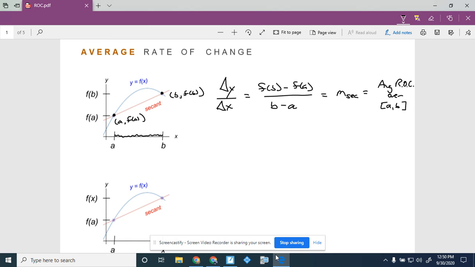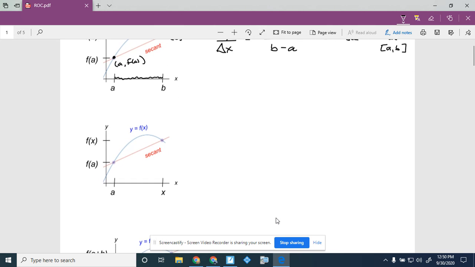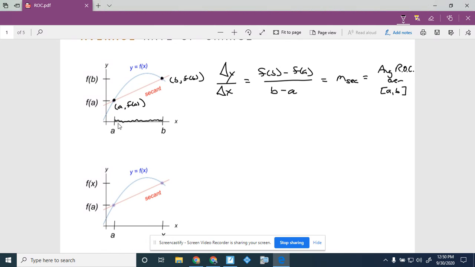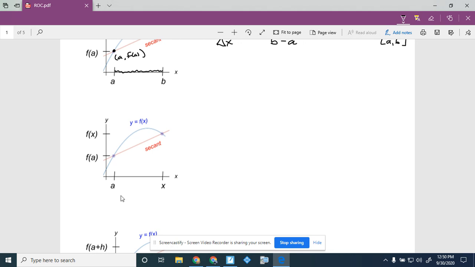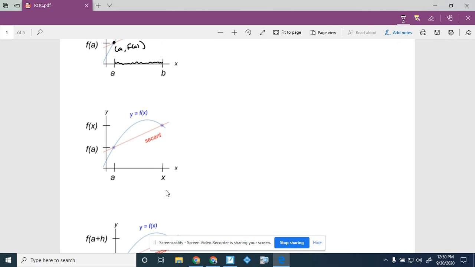Now what I'm about to do is basically the same exact thing, but we just label the picture differently. Here I had my function, this was a, this was b, that was my closed interval [a, b]. What if instead I call the interval [a, x], where I'm labeling the right endpoint x, because maybe it's allowed to vary? Nothing changes.